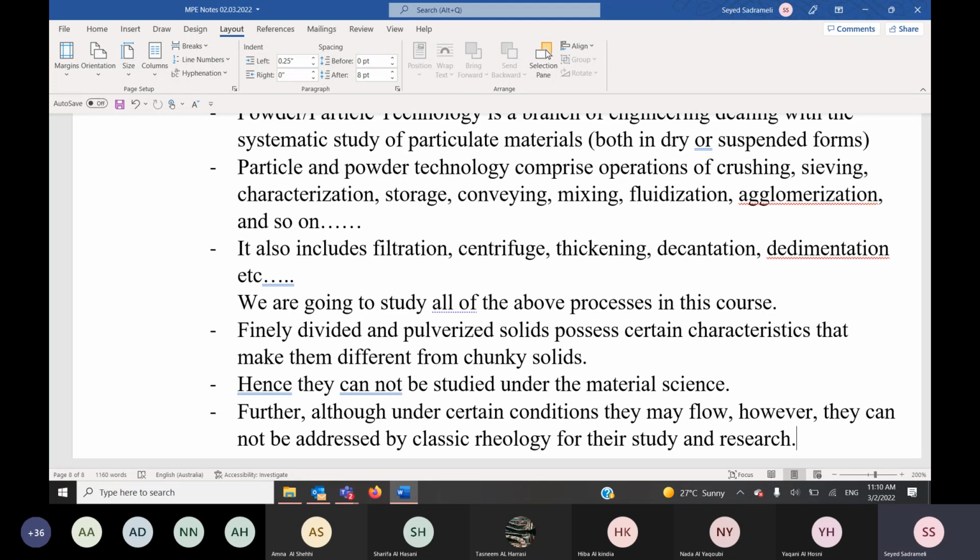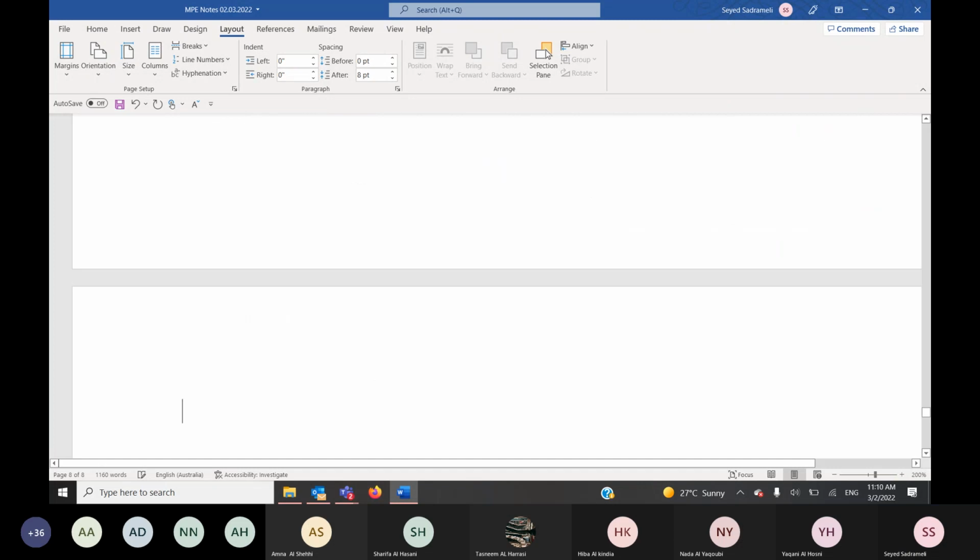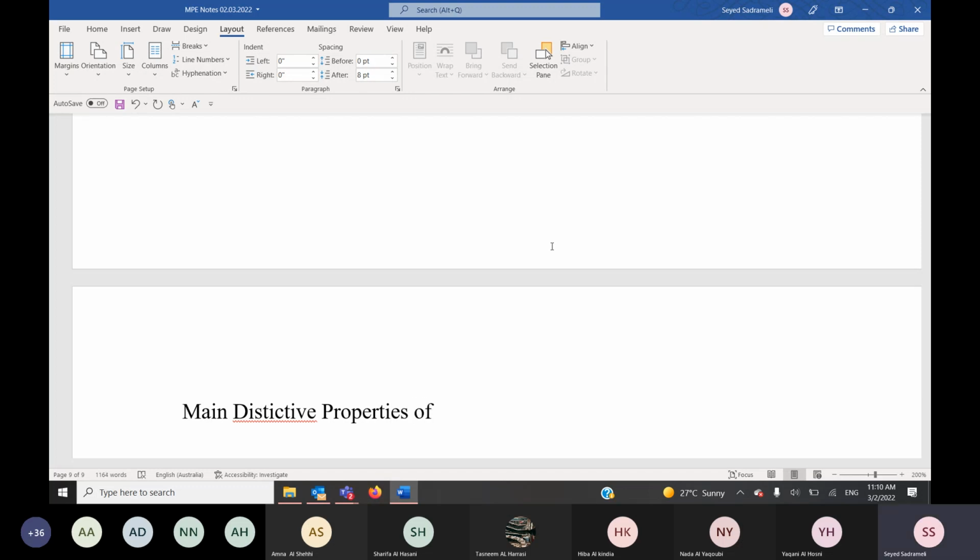Let's look at some of the distinctive properties of the solid state.